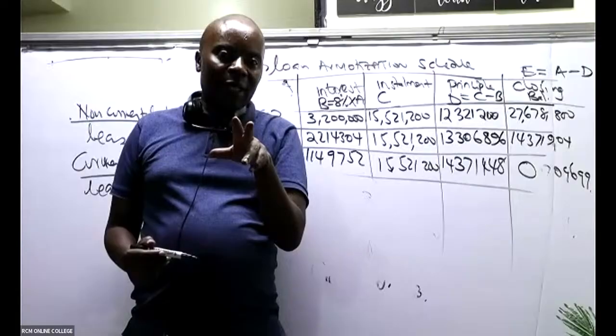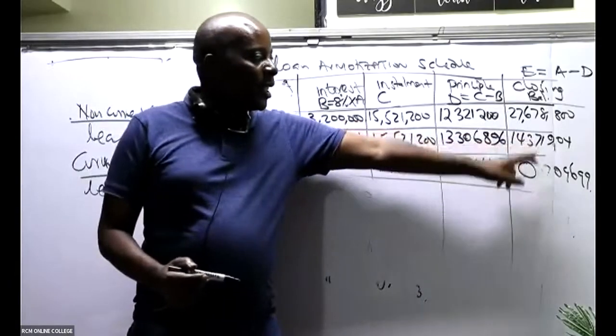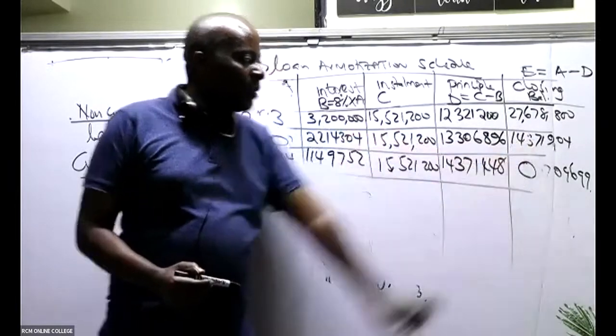And again, to get the next current liability, you will consider this and this. So what was paid in between here will be this 14, something like that.